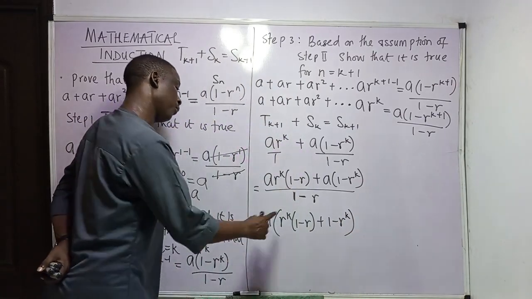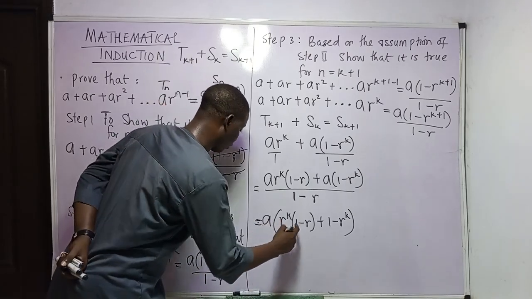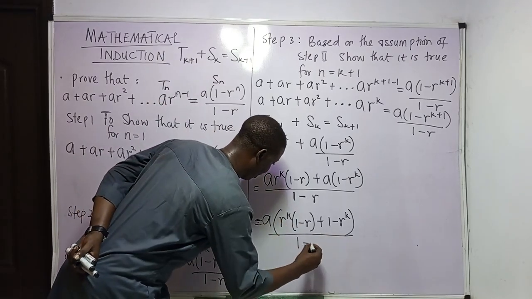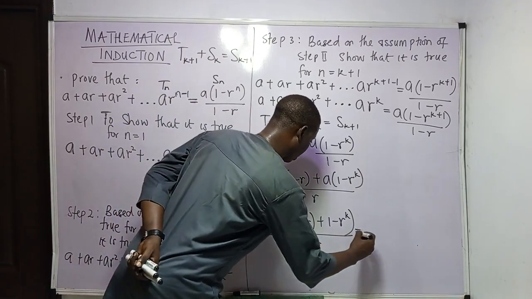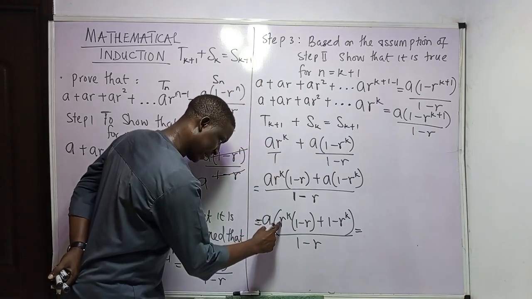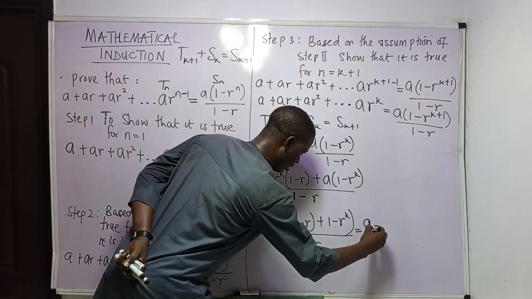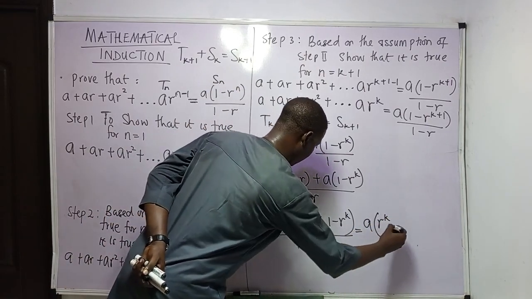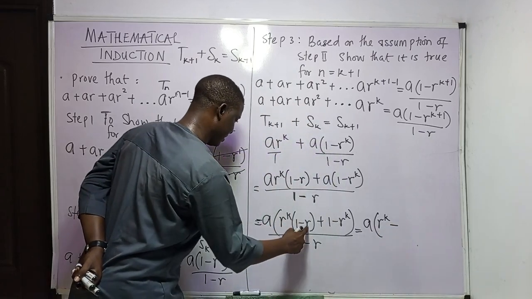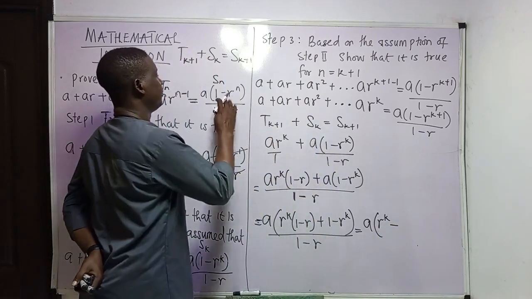Now open up the bracket. This times this gives r^k, minus this times this.